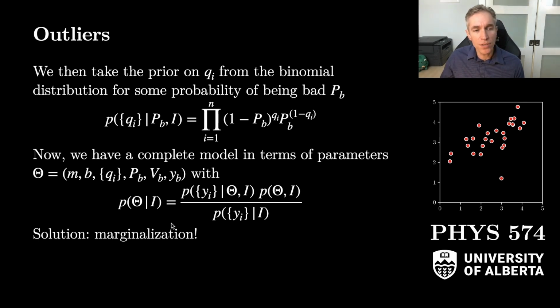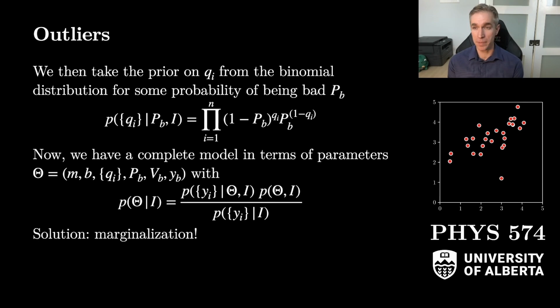And then we just have some Bayes theorem application to determine the posterior probability of the parameters: it is the likelihood of the data times the priors that we have been very careful about writing down, divided by the evidence term. That looks like a mess, but I don't care whether a given datum is good or bad.